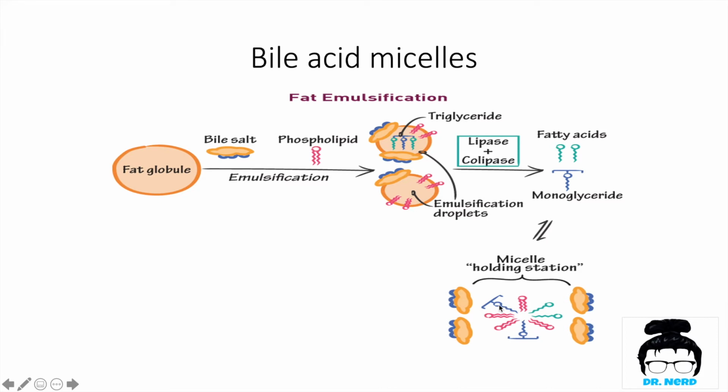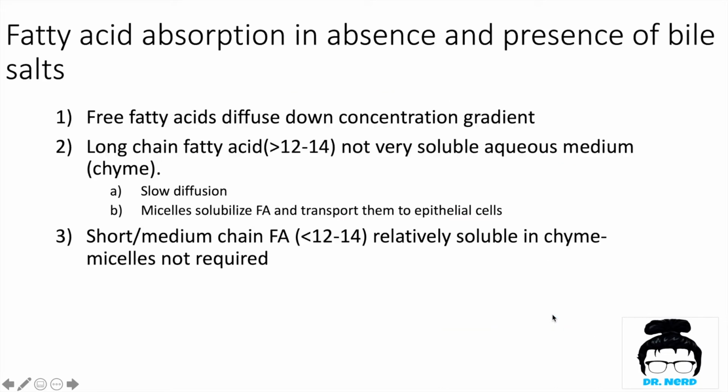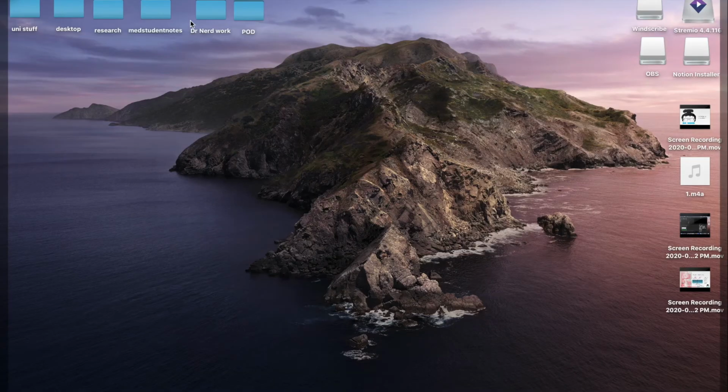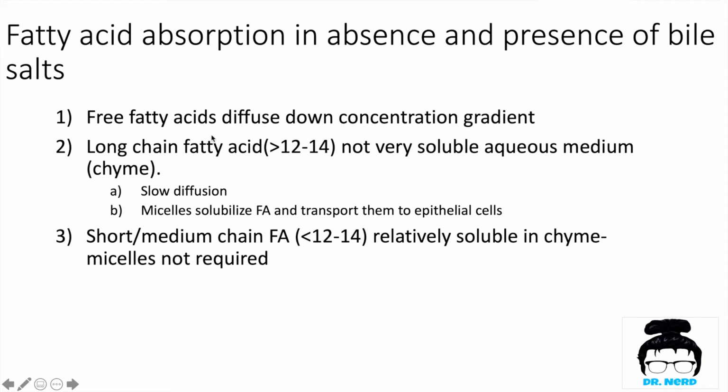Now, how does fatty acid absorption occur in the absence and presence of bile salts? So free fatty acids diffuse down the concentration gradient. They don't need bile salts. Long chain fatty acids are not very soluble in aqueous medium, and they need a chyme micelle to solubilize the fatty acid and transport them into the epithelial cell.